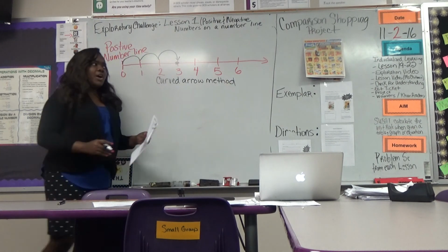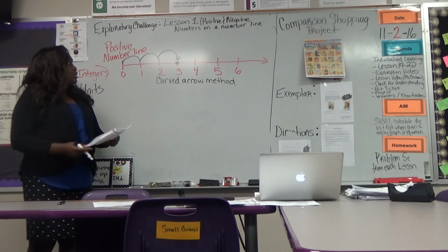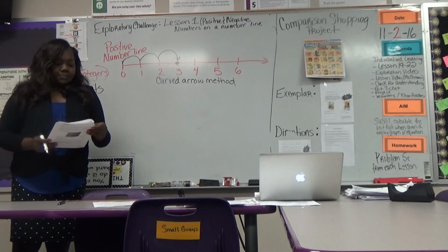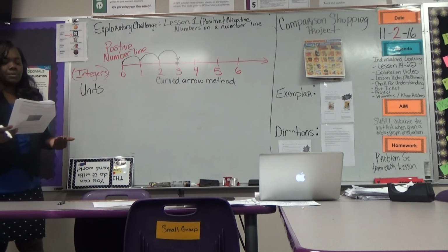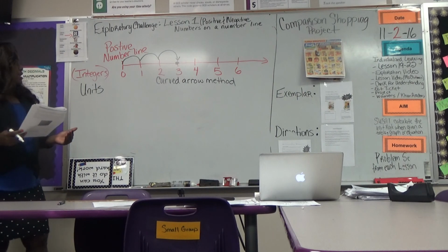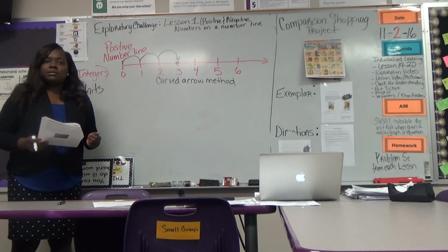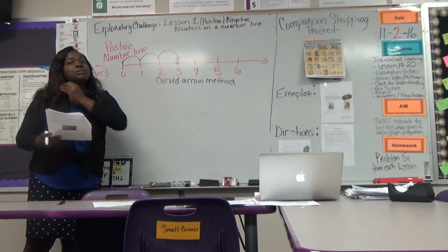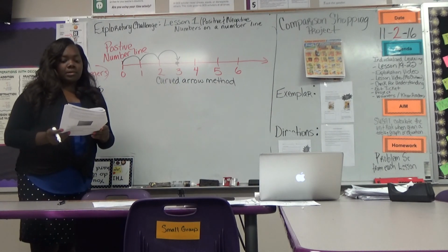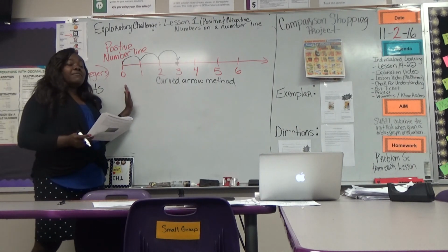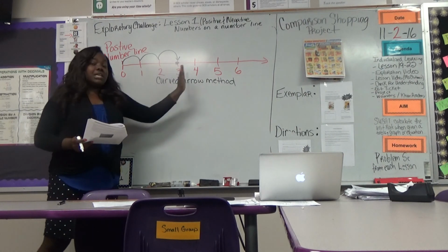So Caleb, how far or how many units is 3 away from 0? It's 3 units away from 0. So what can you tell me as I move further to the right, what happens? The more you move to the right, the numbers increase. Okay, so when I move to the right from 0, the numbers get what?